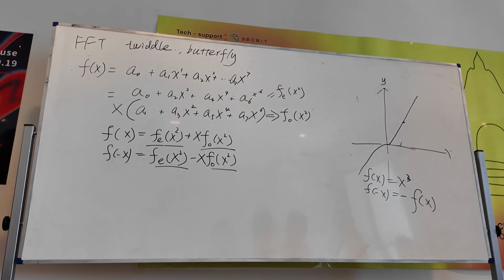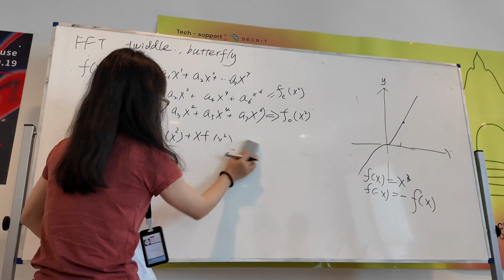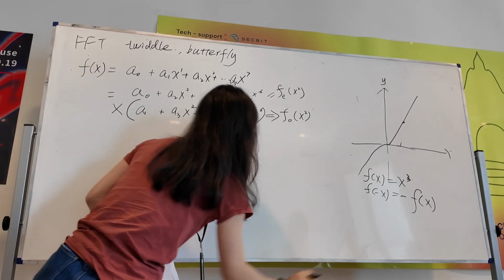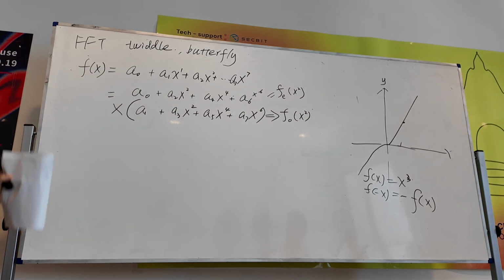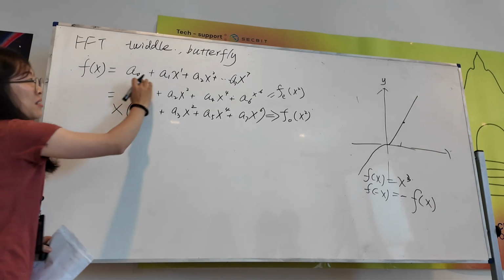So I think I covered the idea of FFT, and now I'm just going to draw the butterfly. We can erase this. I want to start FFT with what I have and what I want to do. What is my goal? What I have now is the coefficients.